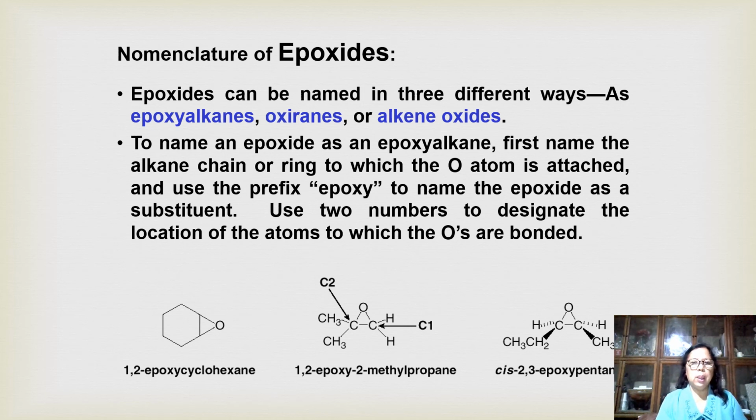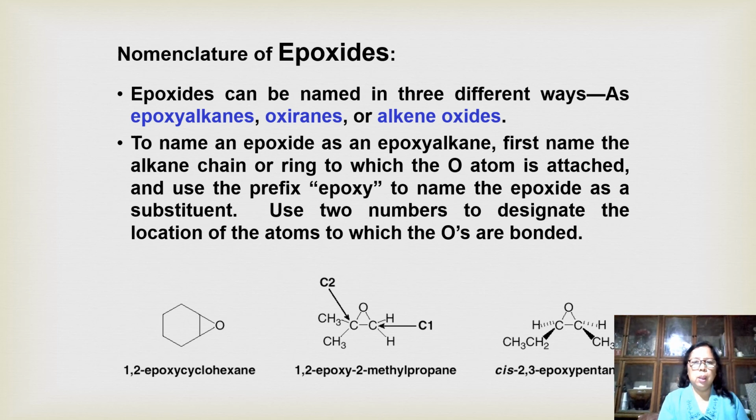Okay, how do we name the epoxy? First, you write the attached other non-epoxy structure. So in this case, you have the epoxy, the triangle with the letter O. That is your epoxy. So if you're going to look at this, this is the attached portion. And there is the carbon and carbon. So this is cyclohexane. Next, you write epoxy, 1,2-epoxy.